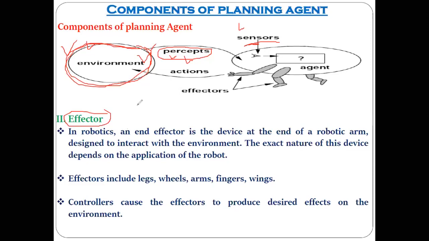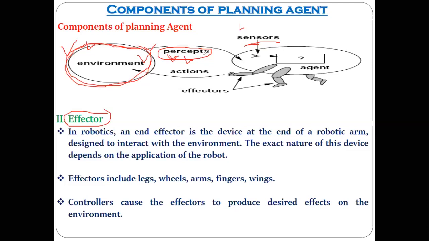Okay, when you hear some loud noise, what do you do? You put your hand on your ears, yes or no? Yes, sir. That is nothing but you perceive something, you sense something, yes or no? Yes, sir. And after you sense something, some effect happens because of that, yes or no?